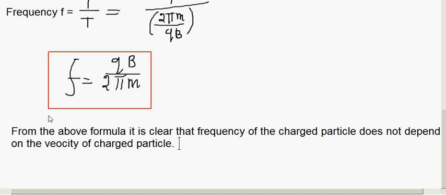Hence the proof. Okay, so from this it is very clear that the frequency does not depend upon the velocity. So whatever velocity it gains, the frequency will remain the same. And I hope you understood this derivation. It's a very small proof.